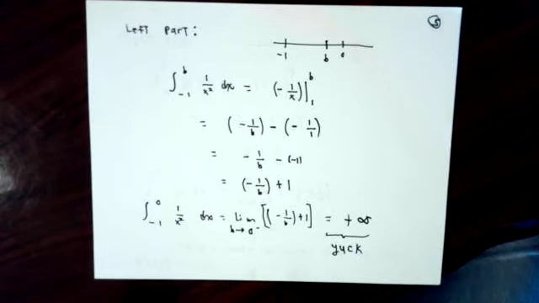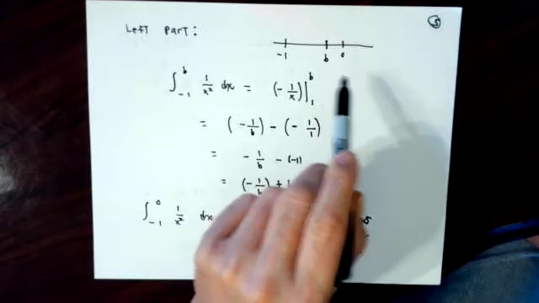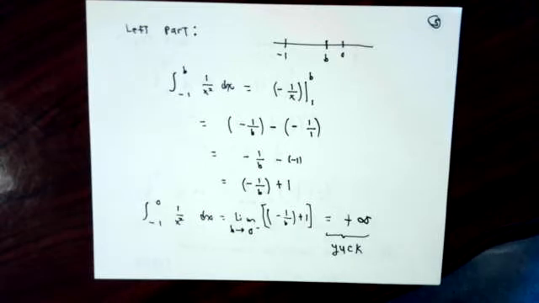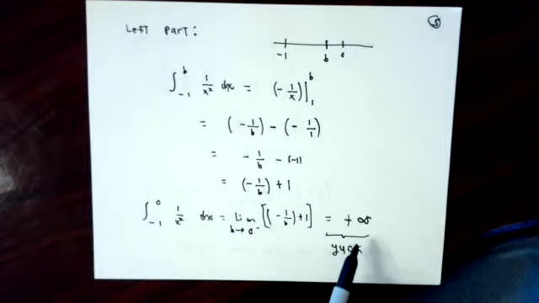It fails to exist because as I let b get close enough to 0, I can make these nice finite looking integrals as big as I want to make them, and the limit doesn't exist because plus infinity is not a number.